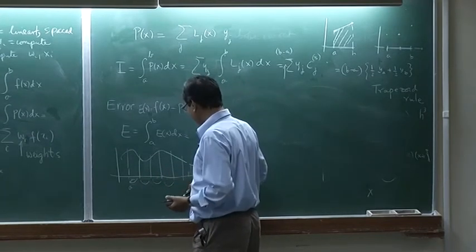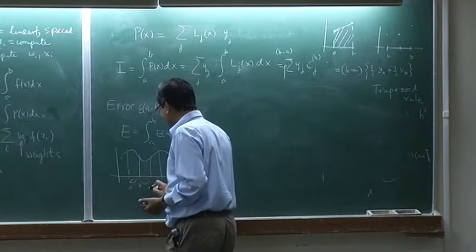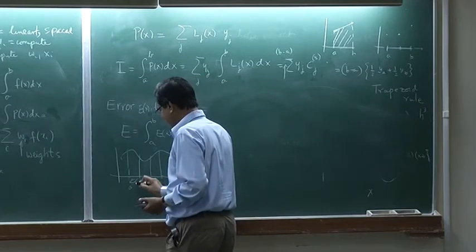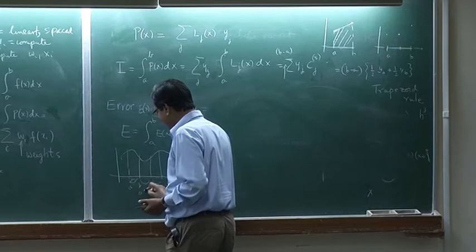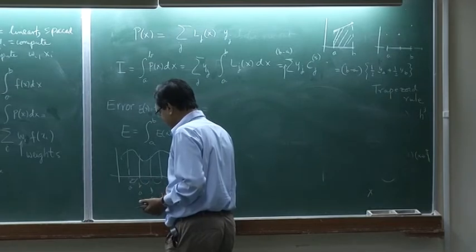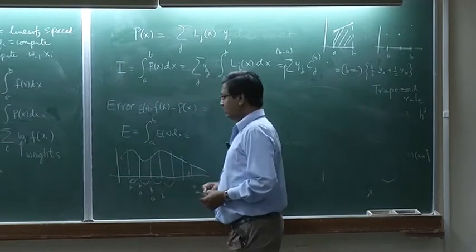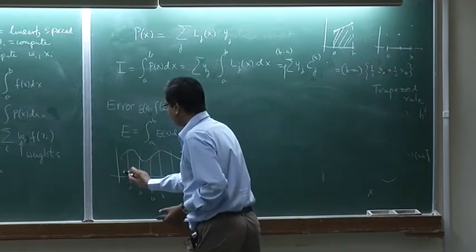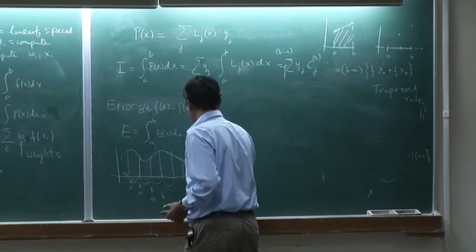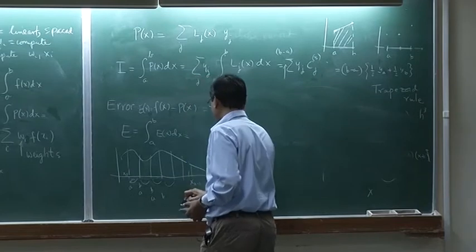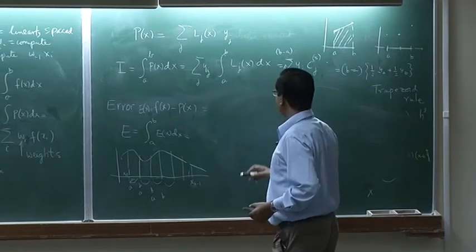So actually, if you may call this B, then this is again AB, like this. This is what I am trying to do. So this is x0 and this is x n minus 1. So what will the trapezoid rule give you?